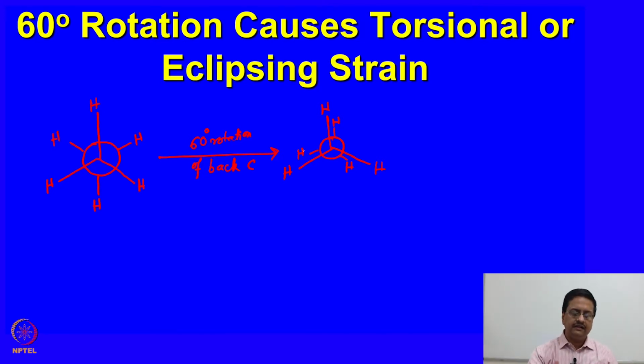The strain that is generated due to this eclipsing of hydrogens, as you have 3 pairs of hydrogens, is 4 kilojoules per mole for each pair.